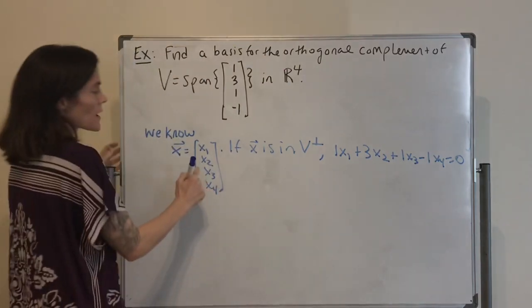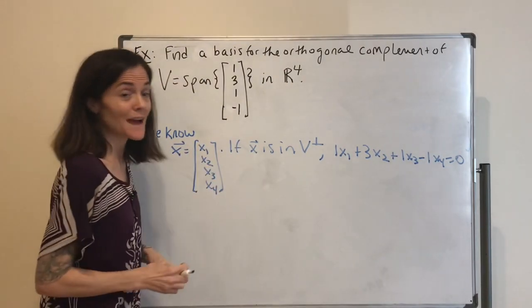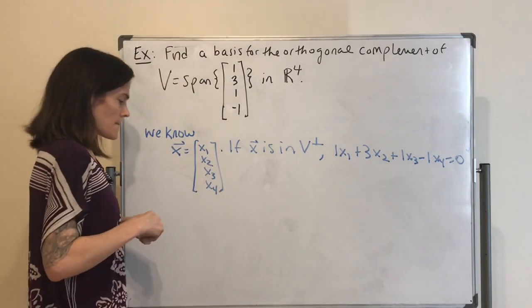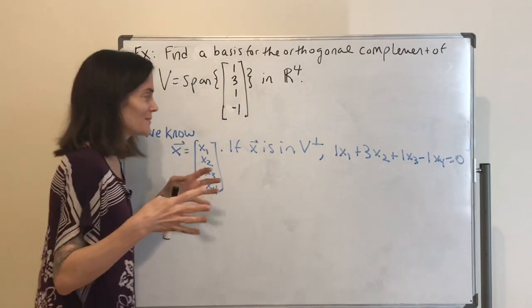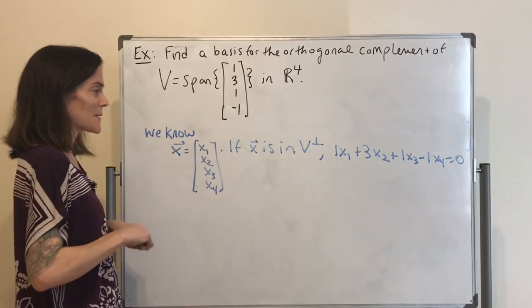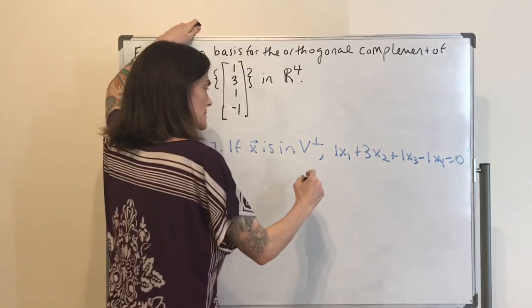This is the dot product of this and this, right? Okay, well, because I'm going to be moving into more than just a one-dimensional subspace V, notice this is this.